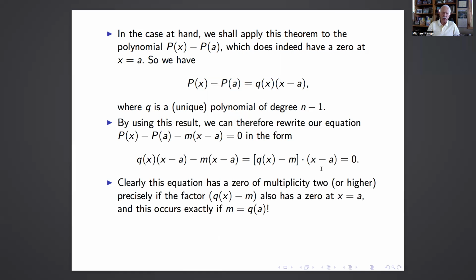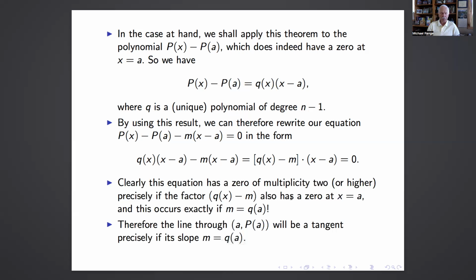So clearly this equation has a zero of multiplicity 2 or higher precisely if the factor q of x minus m also has a zero at x equals a. And this occurs exactly if the slope m equals the value of q at the point a. Therefore, the line through a, p of a will be a tangent precisely if its slope m equals q of a.